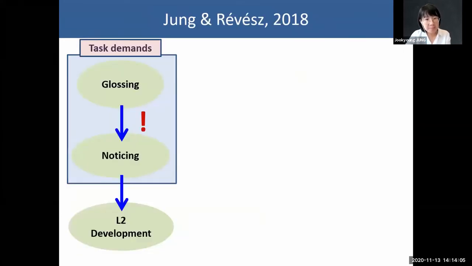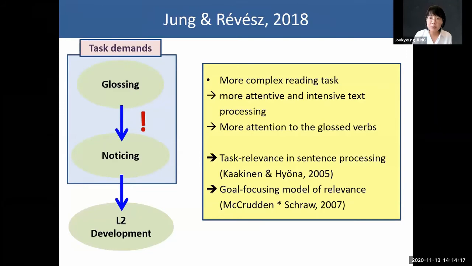So in sum, yes, it seems task demands have some impact on the amount of noticing triggered by glossing, because more complex reading tasks promote more attentive and intensive text processing, and it resulted in more attention to the glossed verbs.